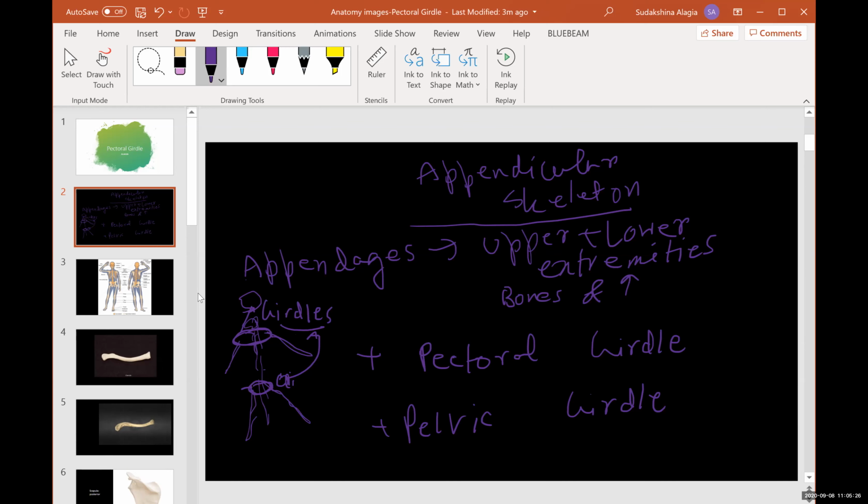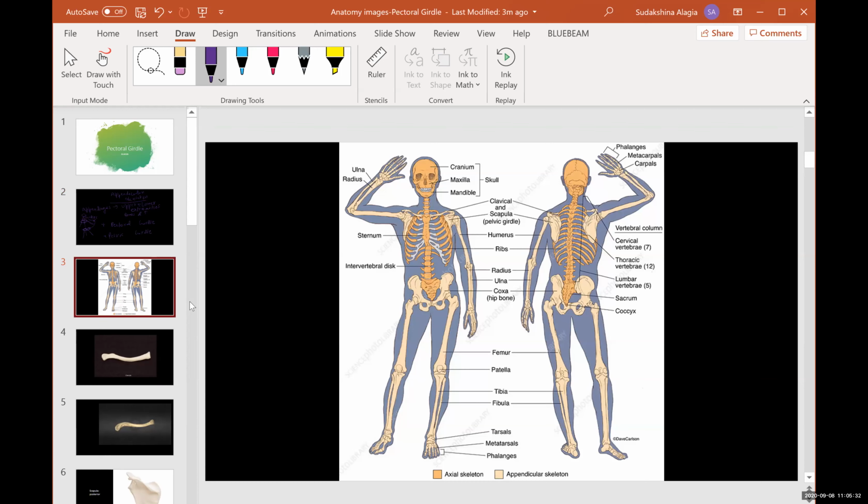That's what we study for the appendicular skeleton. So basically, pectoral and pelvic girdle. The pelvic girdle we'll talk about next class. Let's try and cover the pectoral girdle.